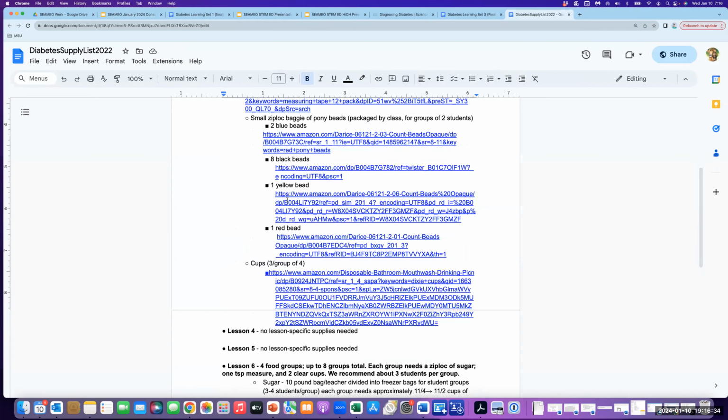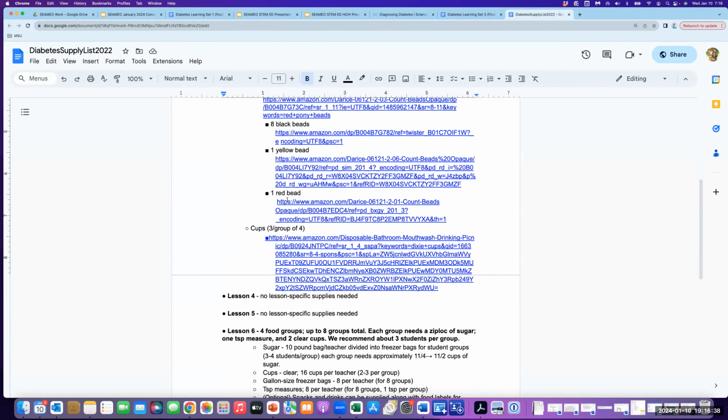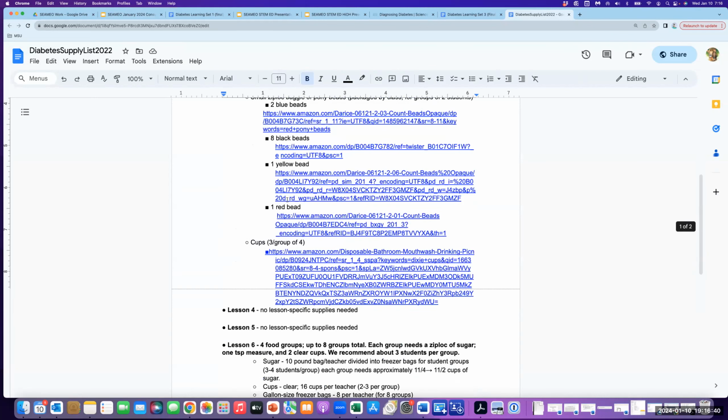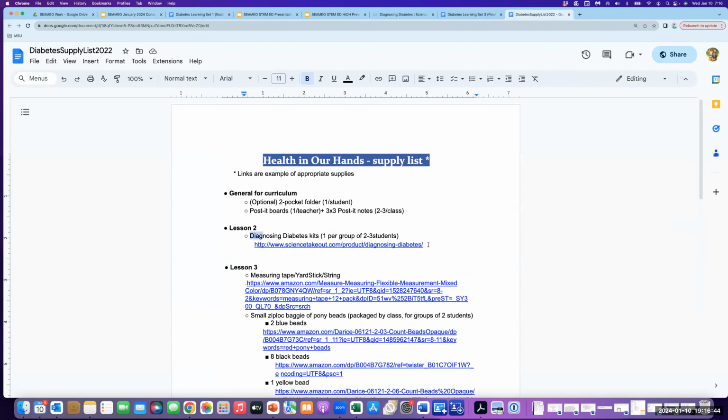Everything is laid out here. Again, it's not materials heavy. The main material that will need to be ordered is this diagnosing diabetes kit. If you have any questions, please feel free to ask.